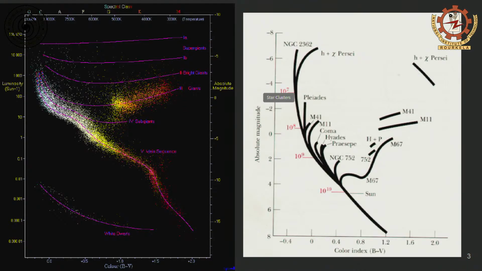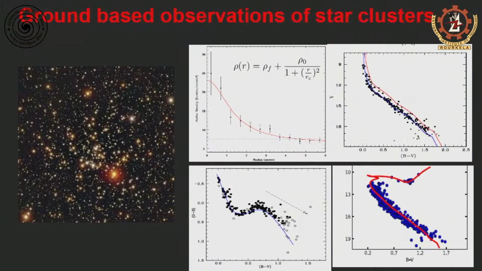If the cluster is young, there will be no turn off, and as it becomes older and older, the turn off line goes down across the HR diagram, and from that turn off point you can determine the age of the cluster also. So you can have the information of the age from this diagram, as well as, from the color index B minus V on the left, the temperature information, and from the absolute magnitude the distance information.